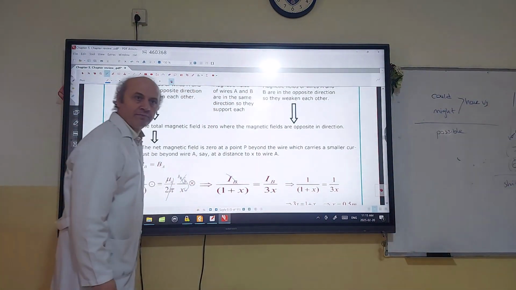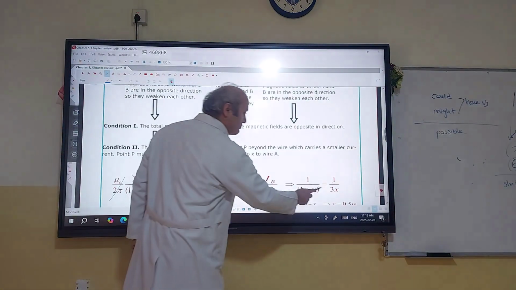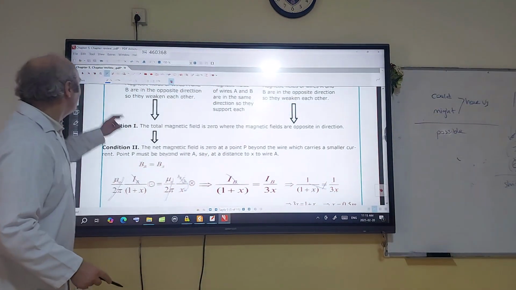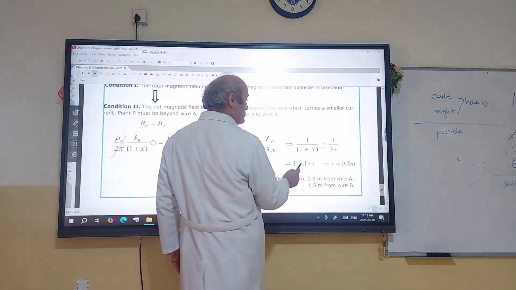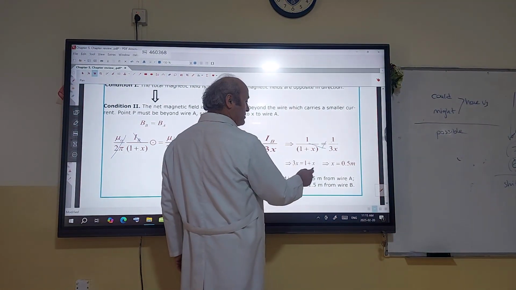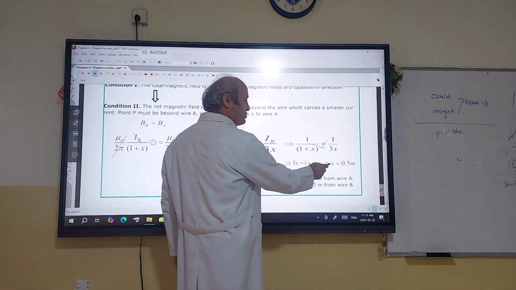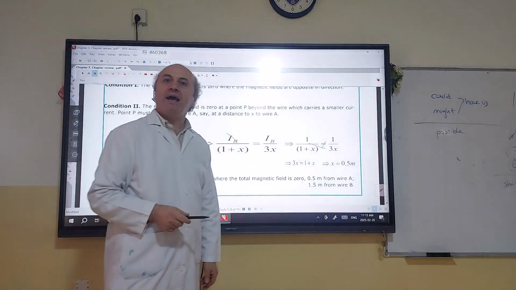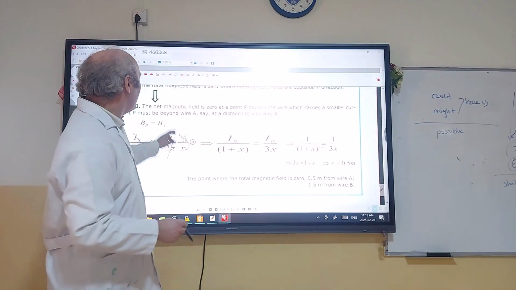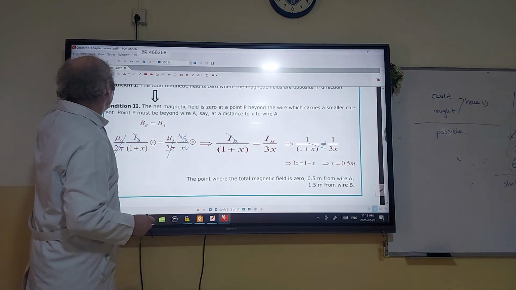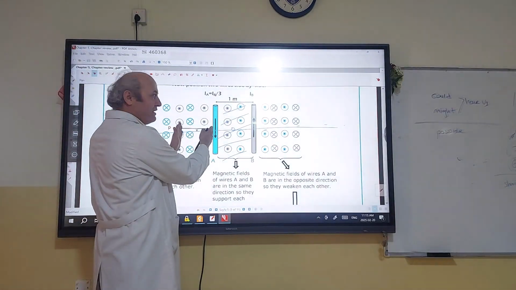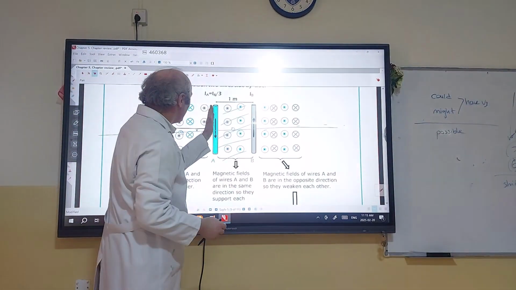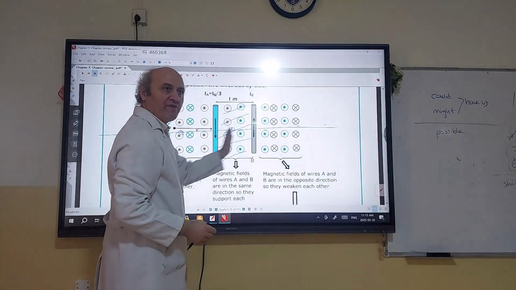The rest is cross multiplication and solving it. So 3x is equal to 1 plus x, transfer x to the other side, 3x minus x, which is 2x. 2x is equal to 1, x is going to be 0.5. So this point is going to be 0.5 meter from wire A and 1.5 meter from wire B.